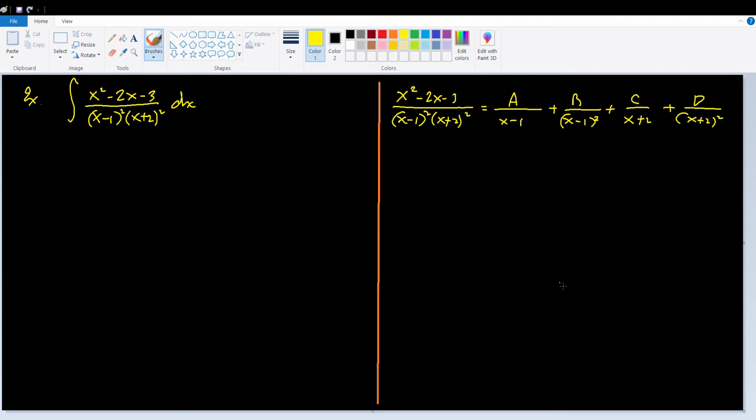Okay, so the right side will have the same least common denominator as the left side, so they will cancel, and combining the fractions, the numerator will be a x minus 1 x plus 2 squared plus b x plus 2 squared plus c x plus 2 or x minus 1 squared, x minus 1 squared x plus 2, and then plus d x minus 1 squared.